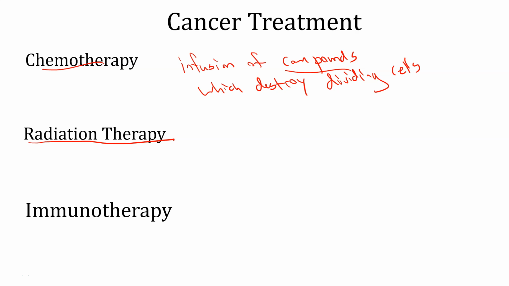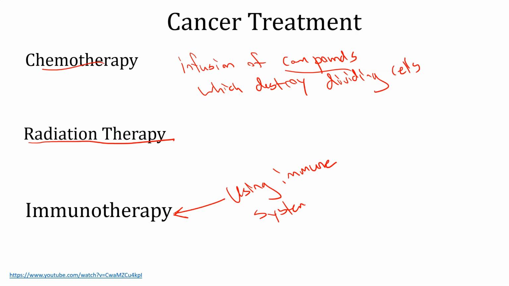And a really interesting, relatively newer approach is immunotherapy, which is using the immune system to attack cancer. Your immune system, in the same way that it protects you from invasion of virions and bacteria, can also recognize abnormal cancer cells and destroy those.